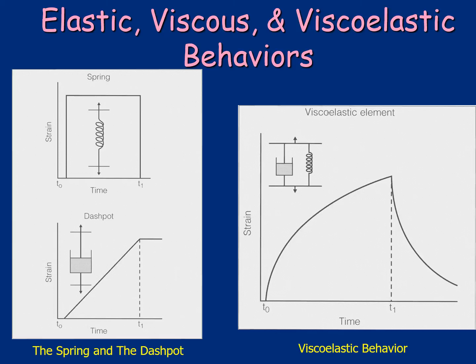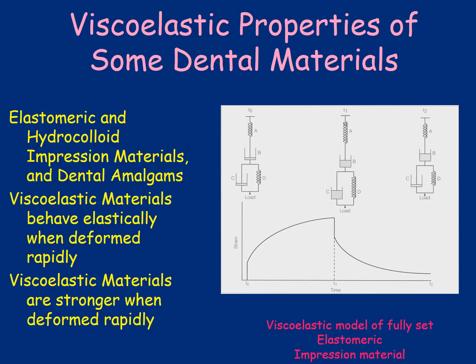Now the dashpot here will act as a brake, and it will prevent the spring from reacting elastically. On the removal of the load, the dashpot will prevent the spring from contracting to the unstrained state, but it will be achieved after some time.